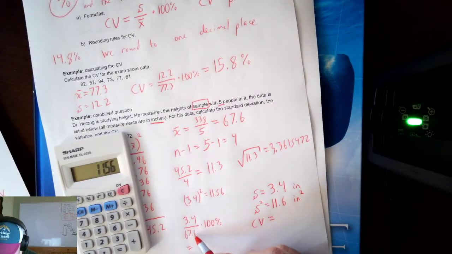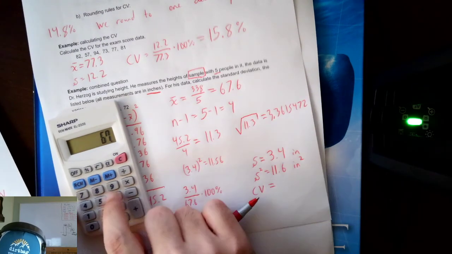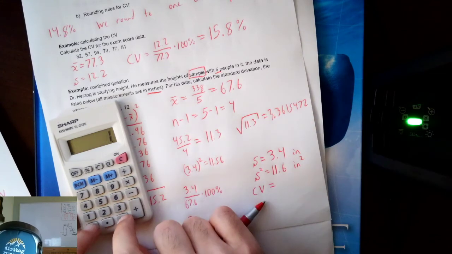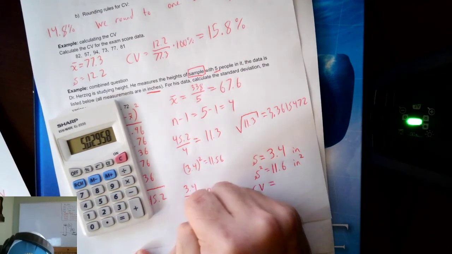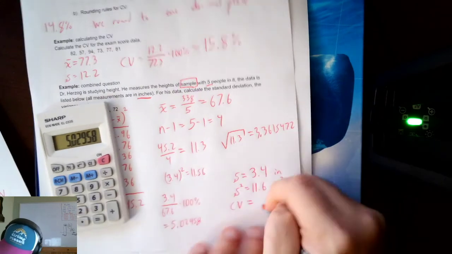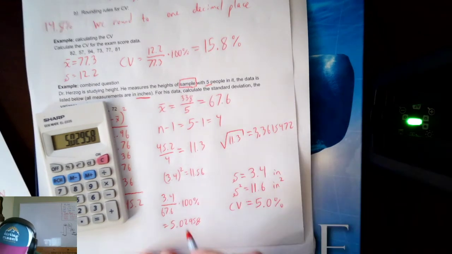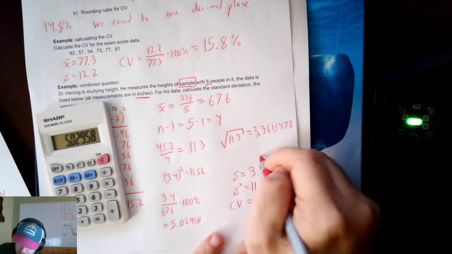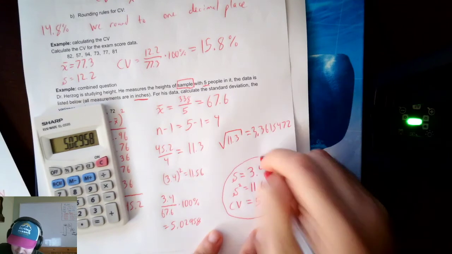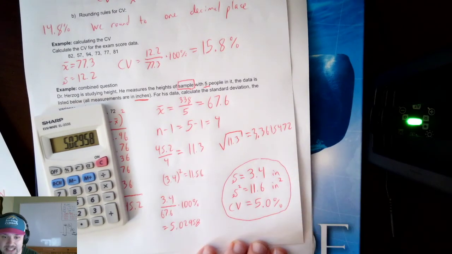Let's type that in. 3.4 divided by 67.6 times 100 gives me 5.02958. I round it to 1 decimal place, which would be 5.0%, right? The 2 tells me to leave the 0 alone. And these 3 values would be my standard deviation, my variance, and my CV.